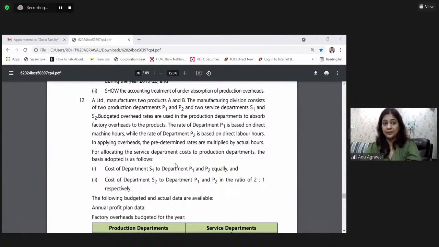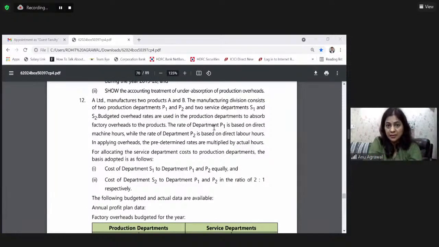They say there are two departments. They produce two goods, A and B. The manufacturing division consists of two production departments, P1 and P2, and two service departments, S1 and S2. So we are manufacturing two products, and we have two production departments and two service departments.